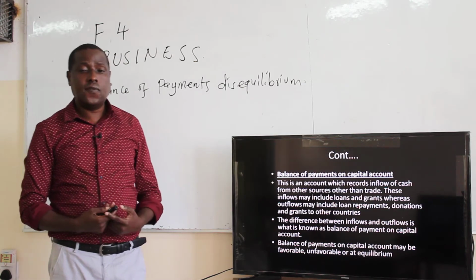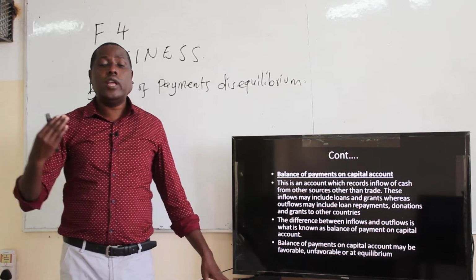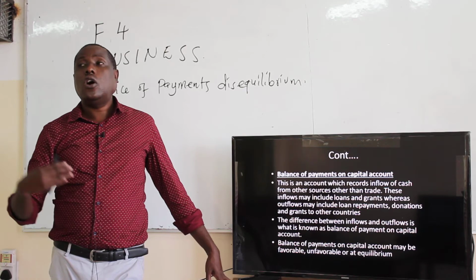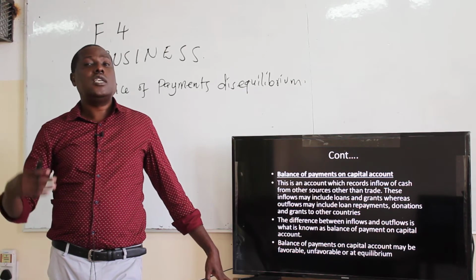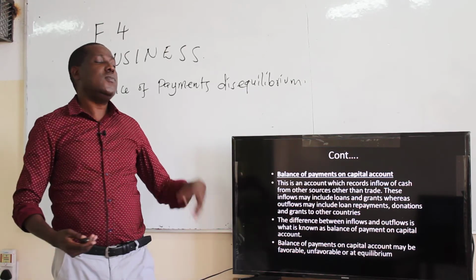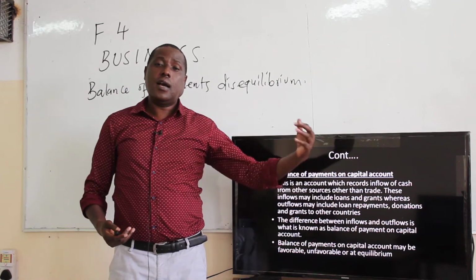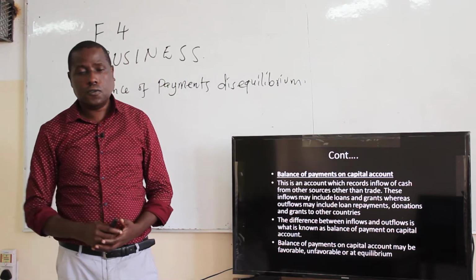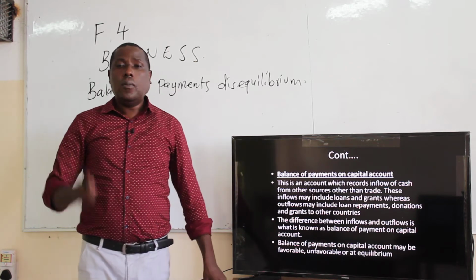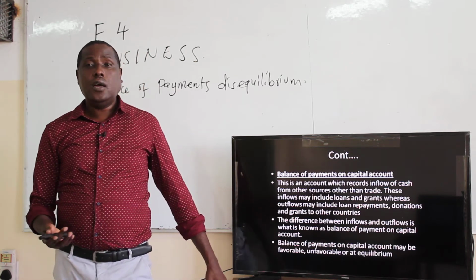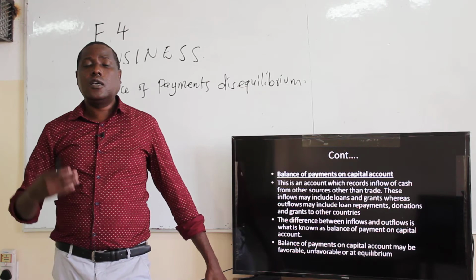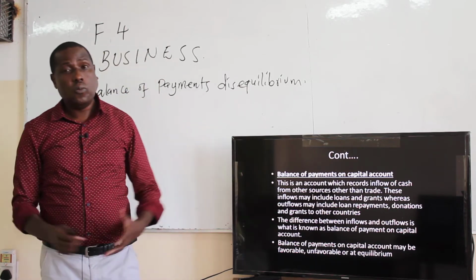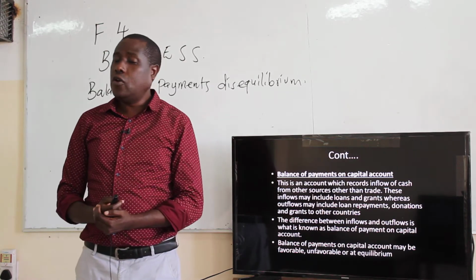Now, cash outflow is when we make a donation to another country. Like there's a crisis, or there's an emergency, there's been an accident, there's been famine in a country, then we donate to them. That is cash outflows. We borrowed loans from China, from African Development Bank, the World Bank, from International Monetary Fund, from the European Union, from everywhere else.